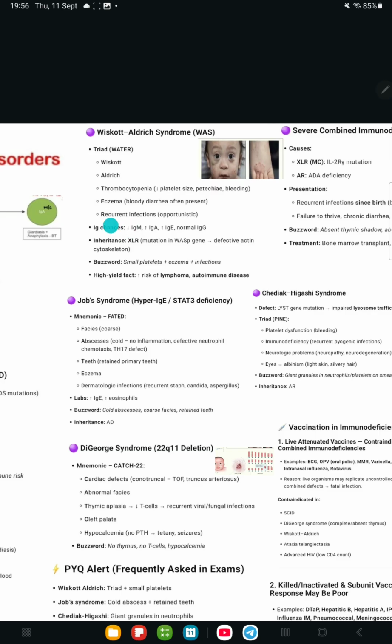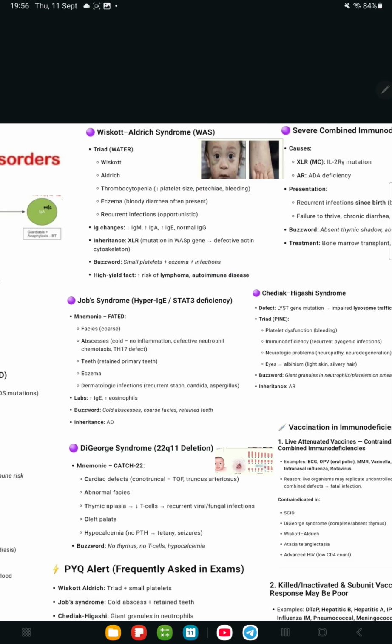The rest, IgA and IgE, will be high, and IgG normal. This we have to remember. Inheritance is X-linked recessive, and the mutation is in the WASP gene that leads to defective actin cytoskeleton. So the buzzwords here will be small platelets, eczema, infections, and a high-yield fact we have to remember is increased risk of lymphoma and autoimmune diseases.